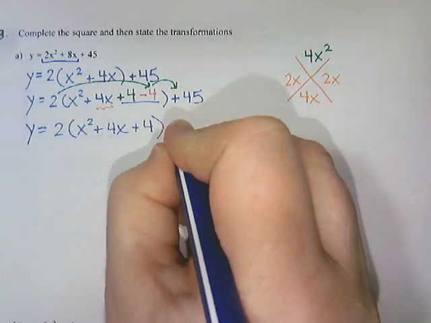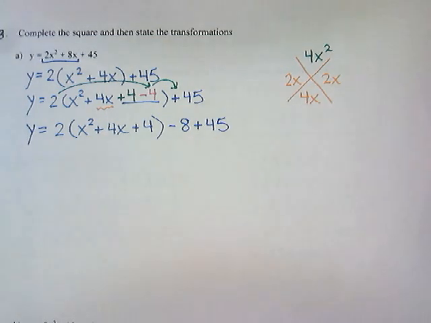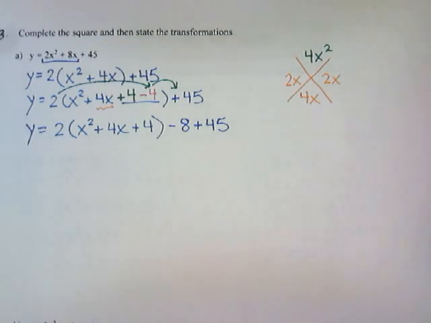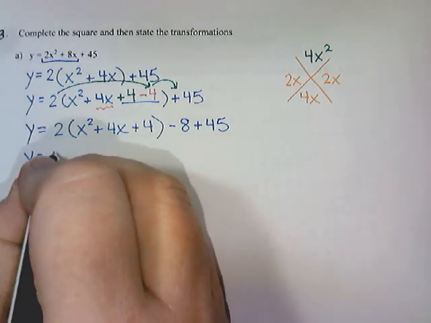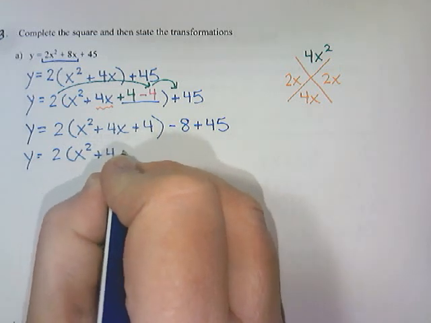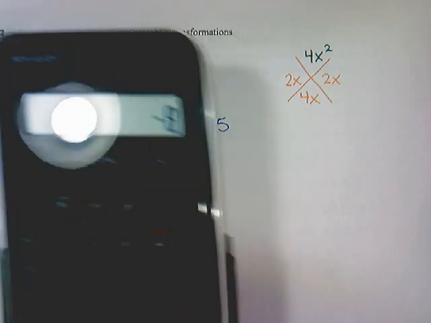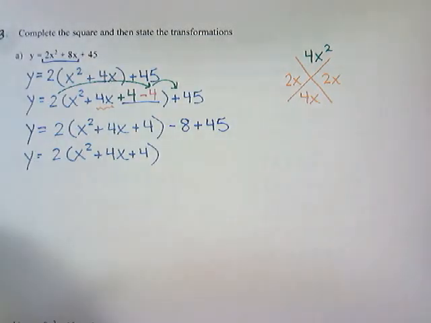So I'm going to put negative 8 plus 45. Okay, I ran out of steps on this side. It says simplify the numbers outside of the bracket. So I'm going to put the negative 8 and the 45 together. So 2 times x squared plus 4x plus 4. Negative 8 plus 45 is 37.